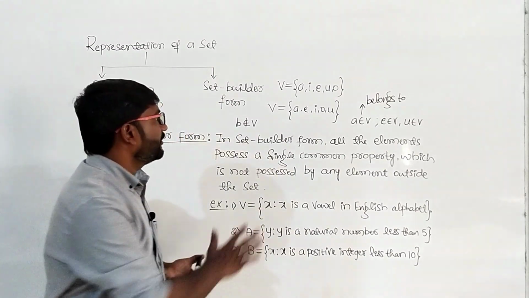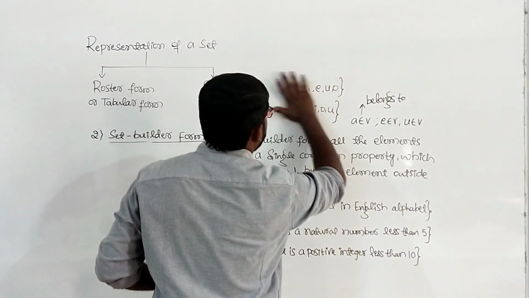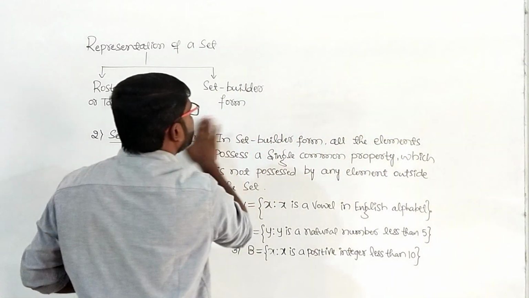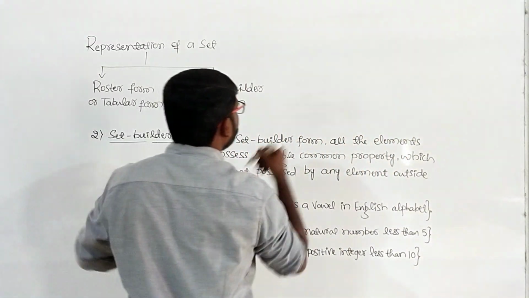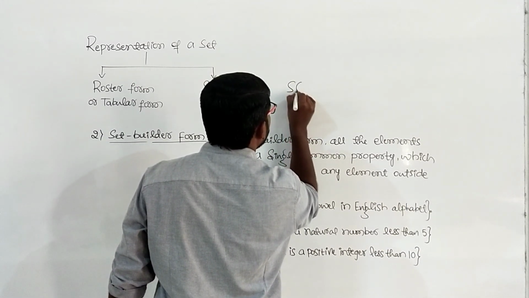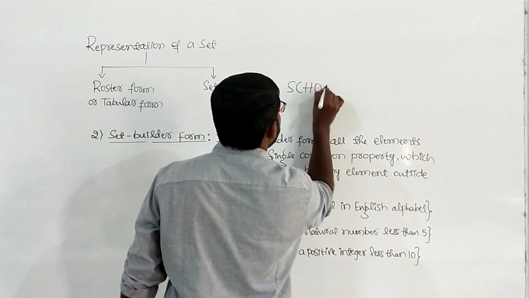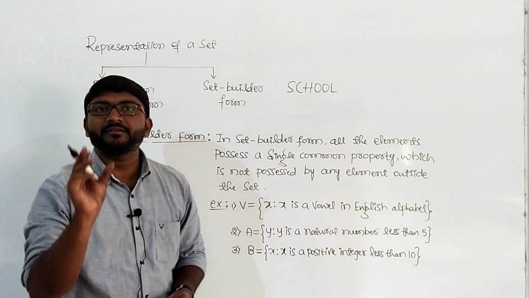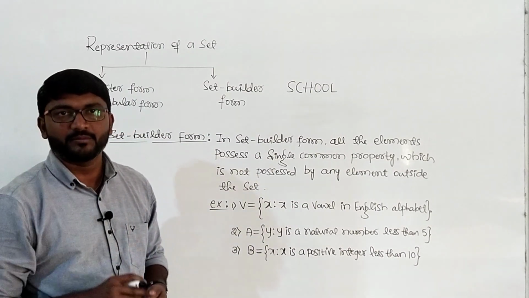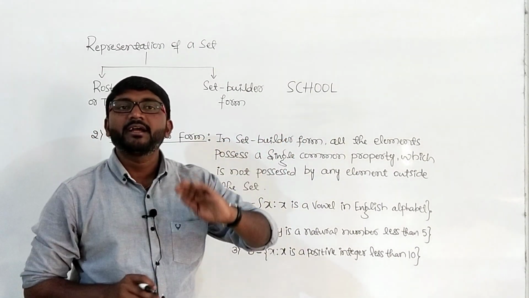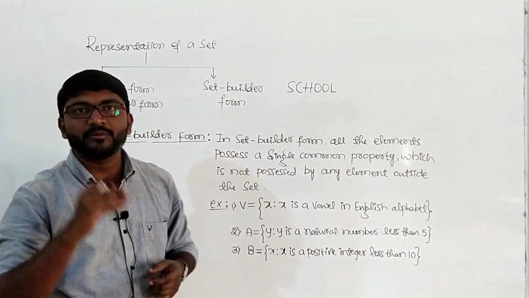And one more thing: while listing the elements in a set, if any letter is repeated, we should consider it only one time. For example, take the word SCHOOL. If you write this in roster form, or the tabular form, each element must be listed and separated by a comma.